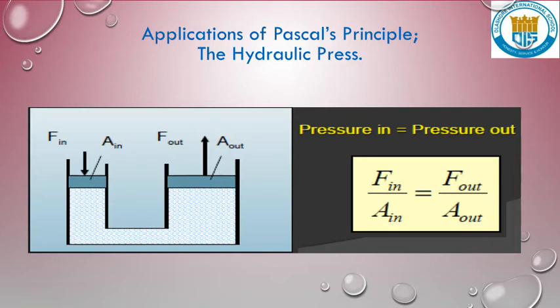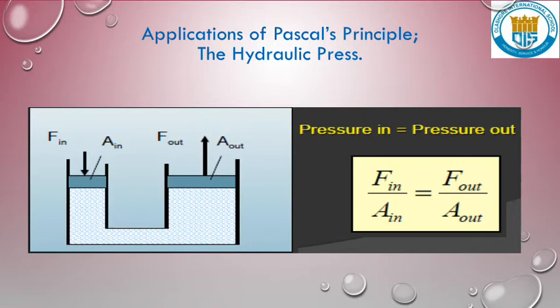Let us not forget that already we know that pressure is equal to force divided by area. So the pressure you apply in, that's the force you apply on the input piston divided by the area of that piston. That pressure you get from there will be the same pressure you will find at every other point in the hydraulic press. That is why pressure in is equal to pressure out.